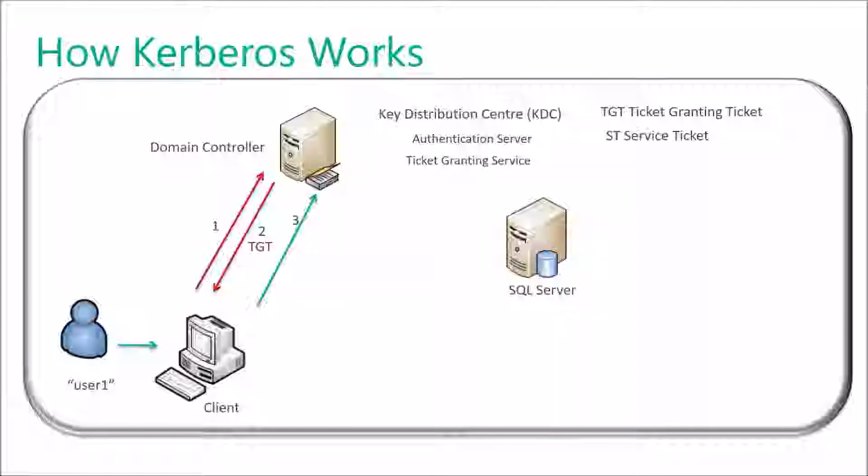Now, the KDC looks up the SQL Server in Active Directory, and if the SQL Server is configured for Kerberos authentication, the ticket granting service provides the service ticket for that SQL Server to the client. Think of this service ticket as an admission ticket for a specific service within the domain.